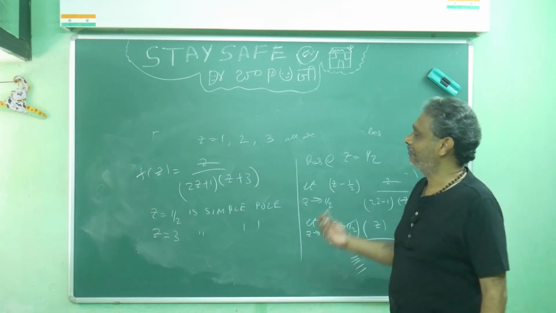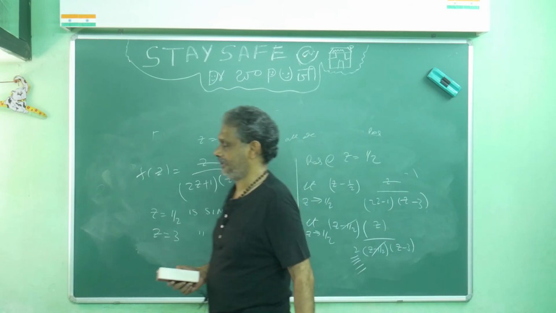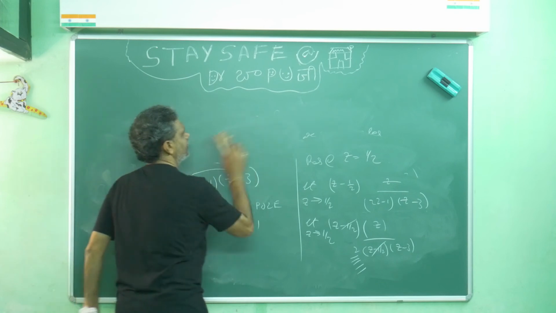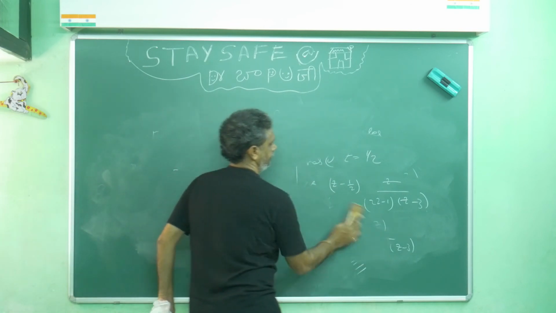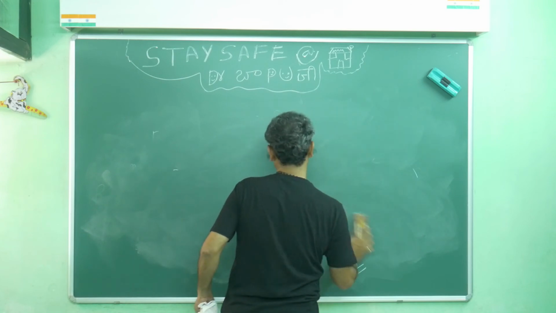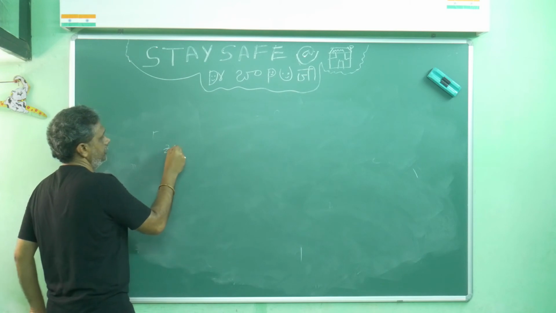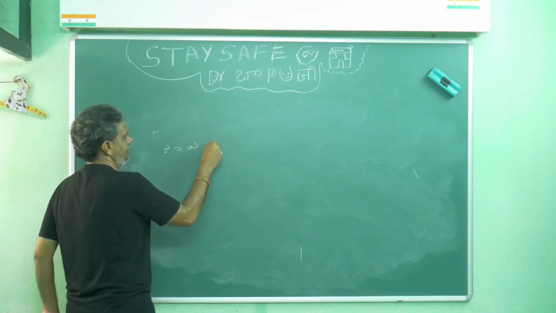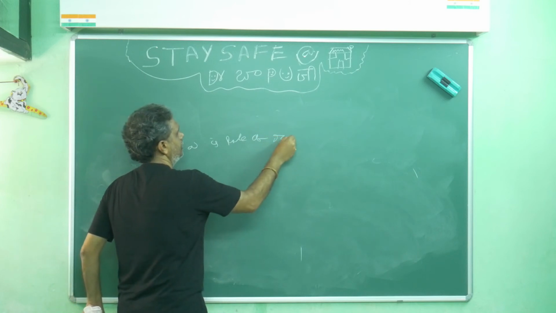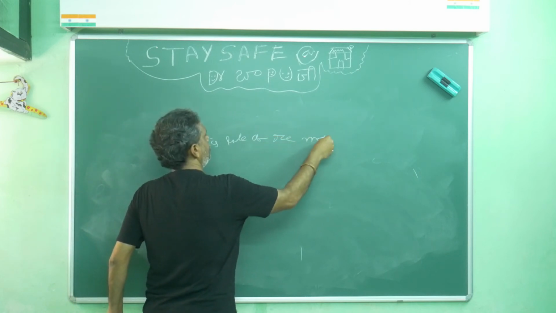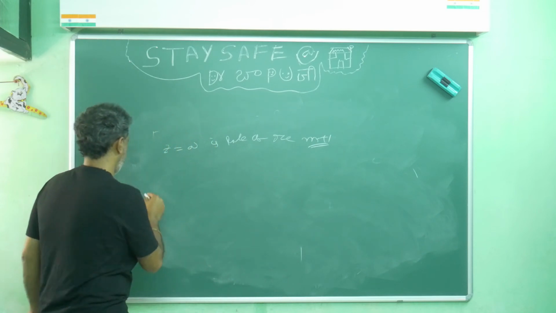Then I will go for the pole of order m, how we will do. This is very important. Z equal to a is a pole of order m plus 1, but for convenience, I will explain, don't worry.